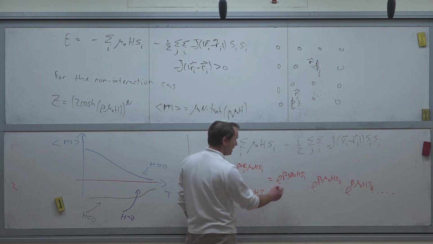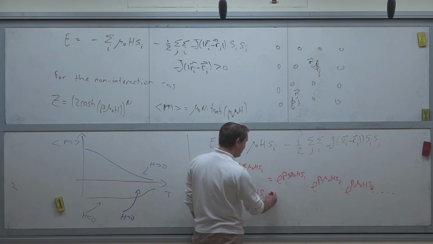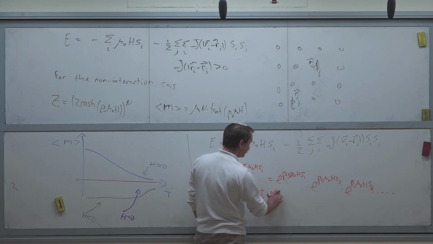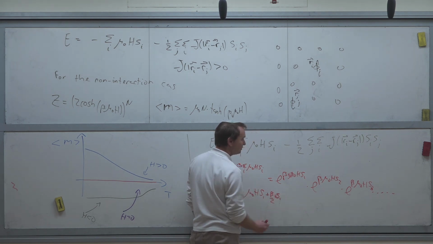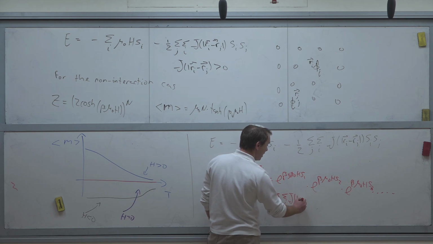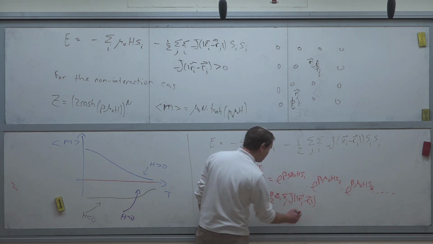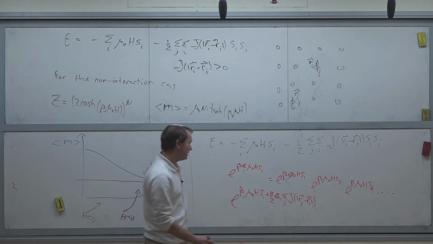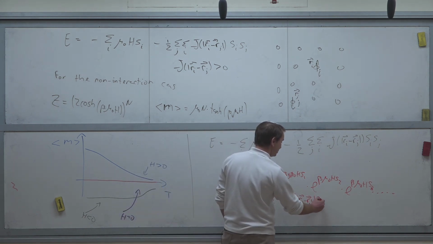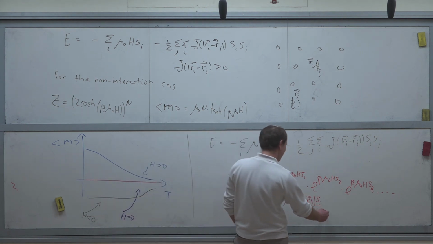So we'll say, well, let's take this out, and we'll just write down plus beta divided by 2, a sum over S1, a sum over j of J of Rj minus R1, and here I will have Sj. Right? Let's multiply it by the next term.